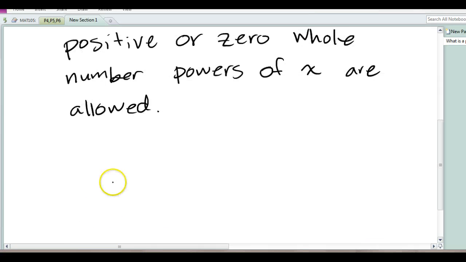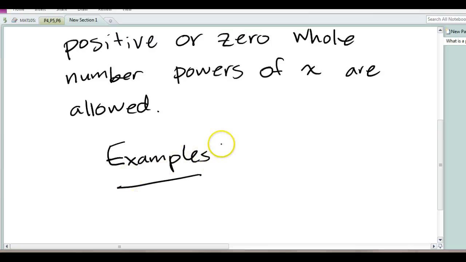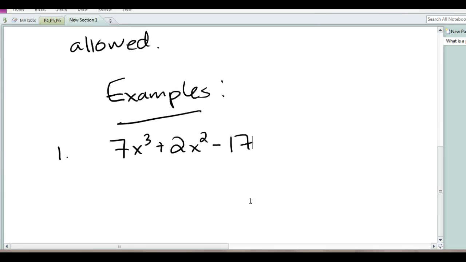So let's look at some quick examples. A perfectly fine example would be something like 7x to the third power plus 2x squared minus 17. It's just a regular old polynomial with 3 terms. Sometimes we'll talk about the degree of a term.